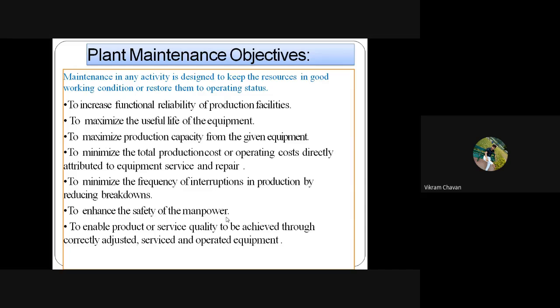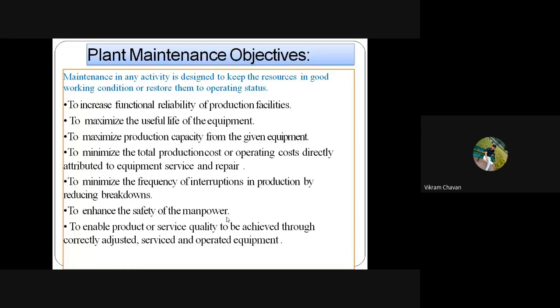There will not be extra consumption of energy or of raw material, and the quality of the product will be very high, or as per the desired quality. We will achieve that desired quality by doing proper plant maintenance.